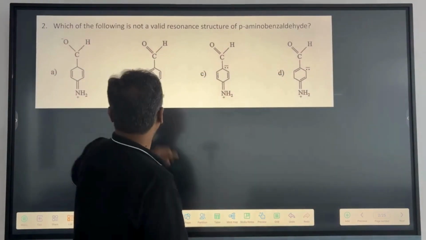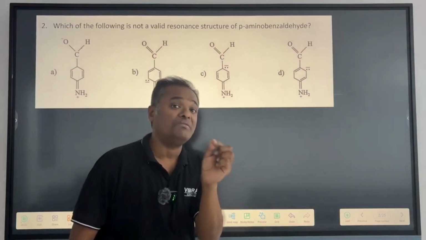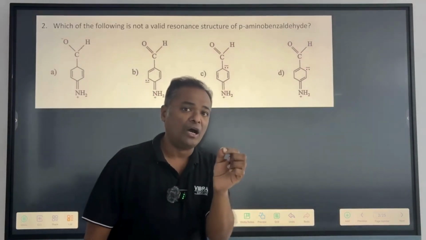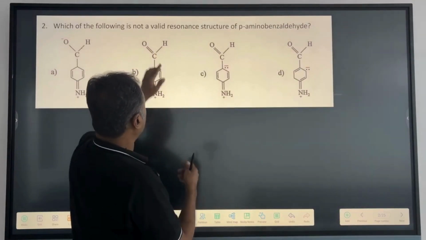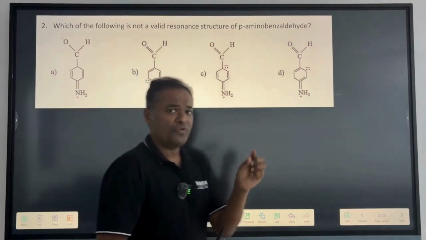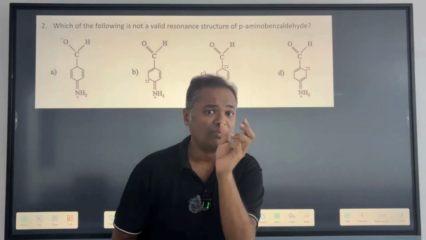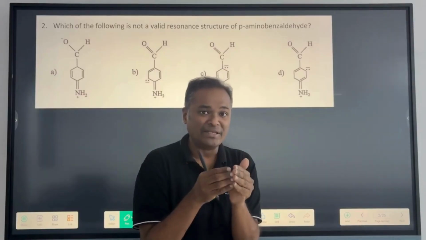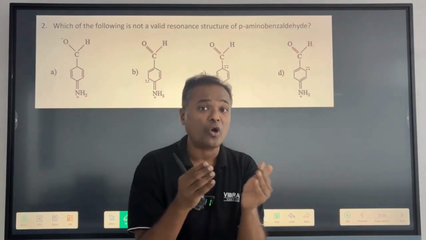You can see here the question is: which of the following is not a valid resonance structure of para-aminobenzaldehyde? When you see the term not a valid, if you remember, kids, inside the classroom we discussed a concept called pentavalency. There are certain elements in period number 2 which cannot cross the octet state.